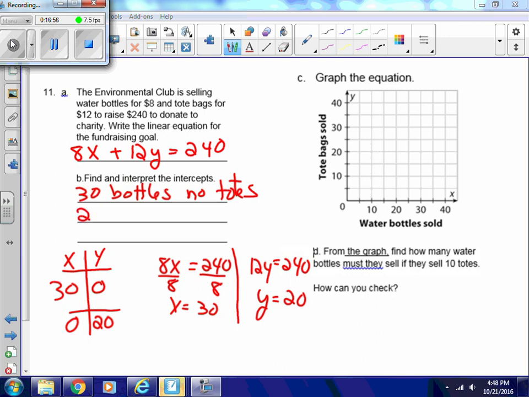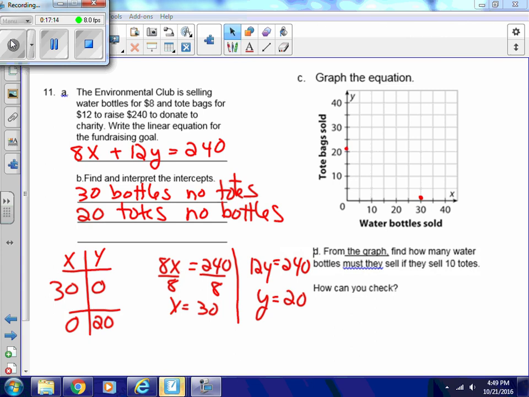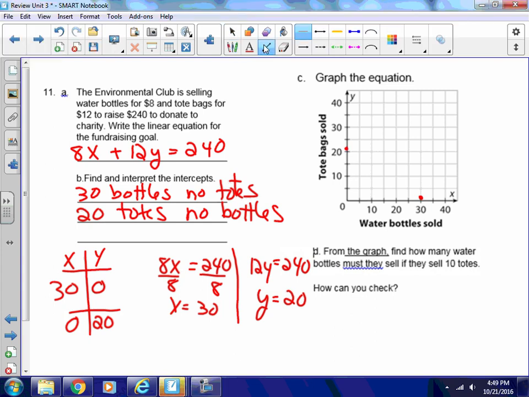Or we could sell 20 totes and no bottles. Part C, we're going to graph. So we've got the x-intercept at 30, and we've got our y-intercept at 20, and we can just connect those with our line. My board seems to be off, but we're going to have to make do with that.